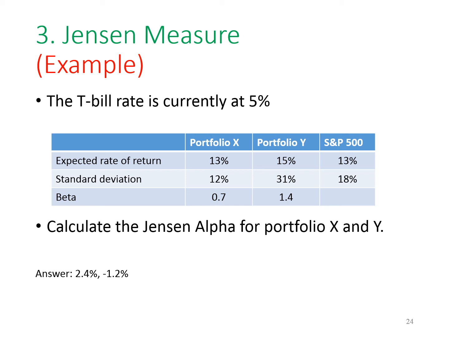The expected return for portfolio X based on the CAPM is 10.6%. However, the actual expected rate of return for portfolio X is 13%. Therefore, the Jensen Alpha is equal to 13% minus 10.6%, and the answer is 2.4%.